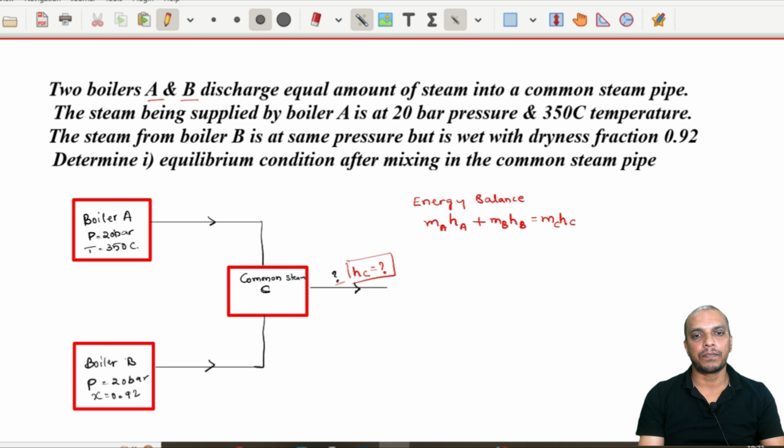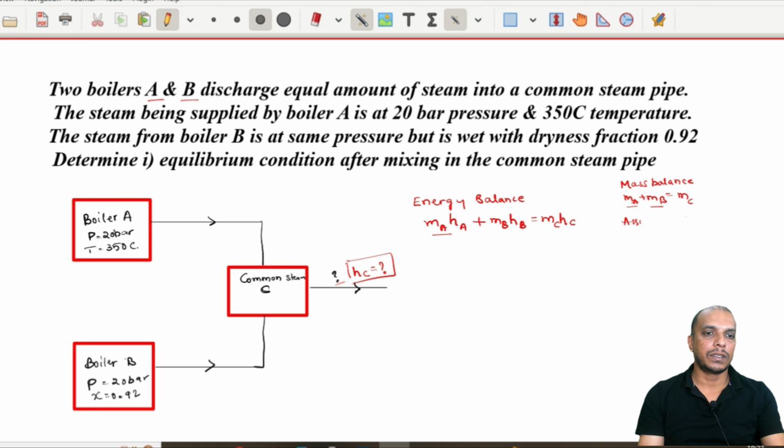We must know that Ma plus Mb must be equal to Mc, because of simple mass balance. They both deliver equal amounts of steam, so we can assume Ma is 1, Mb is 1, then Mc will be 2. Even if you assume 10 and 10, it will be 20. Whatever we assume, the equation is going to be the same.